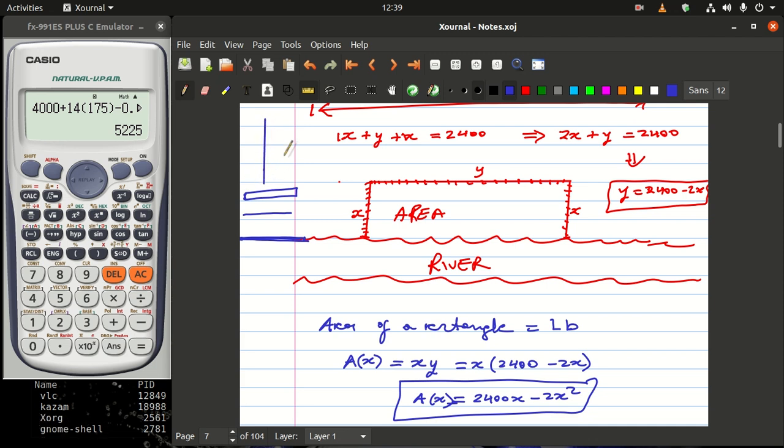So let's say this one was a river, and then I create a straight line here. So the length of this y will go all the way up, and then the value of x is much more important.